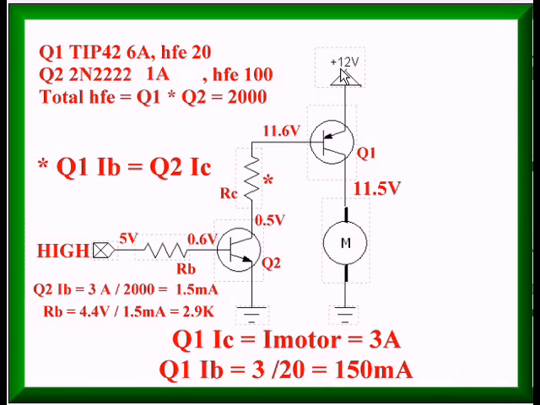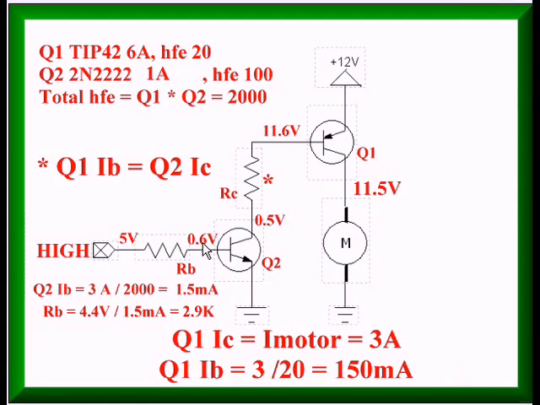Okay, well, there's another way you could look at this. Since both of these together is 2,000, divide 3 by 2,000 and you get 1.5 milliamps. That's very small. And so Arduino would only need to supply about 1.5 milliamps to Q2 to give me 3 amps out of Q1.